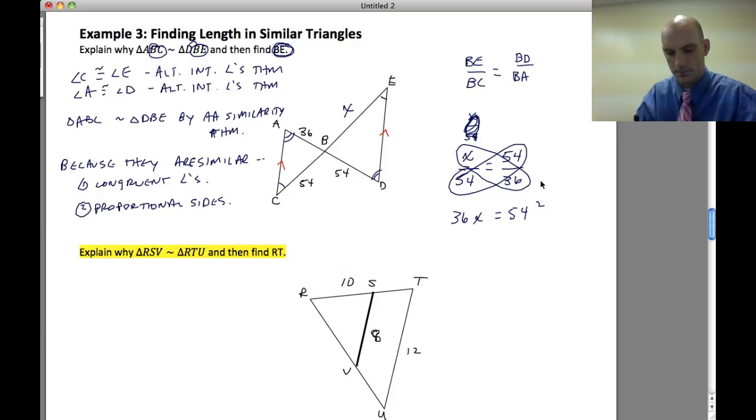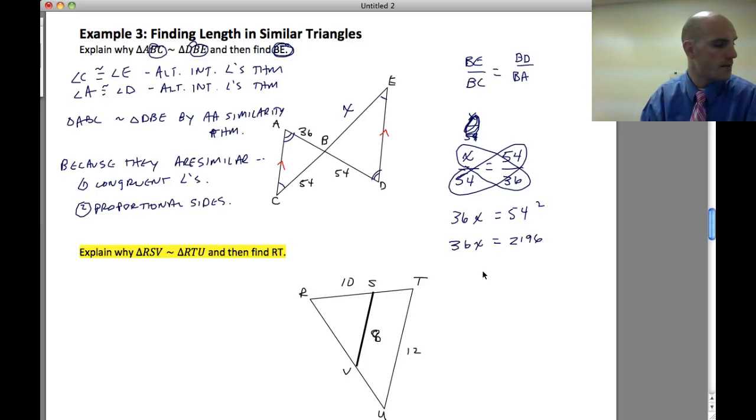So let's see. 54 times 54 equals 2916. So this is what I've got right now, 36x equals 2916.